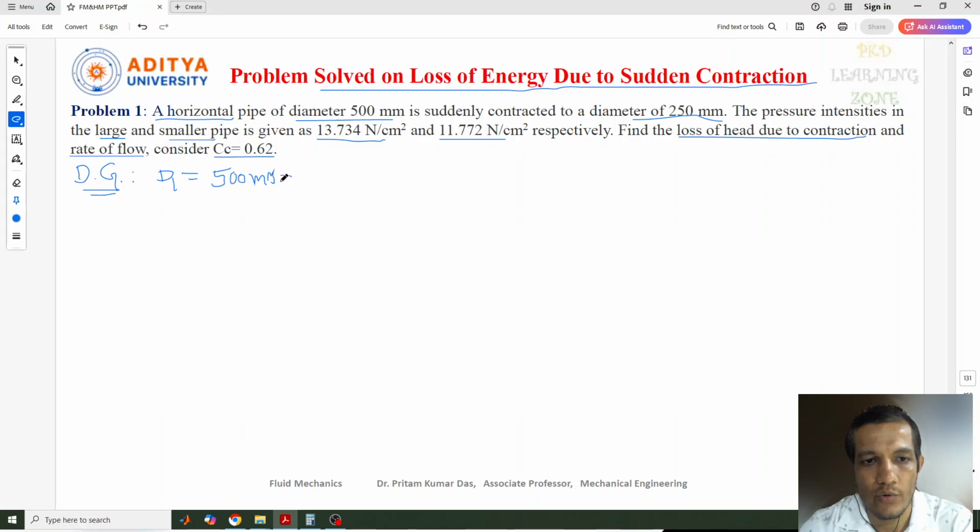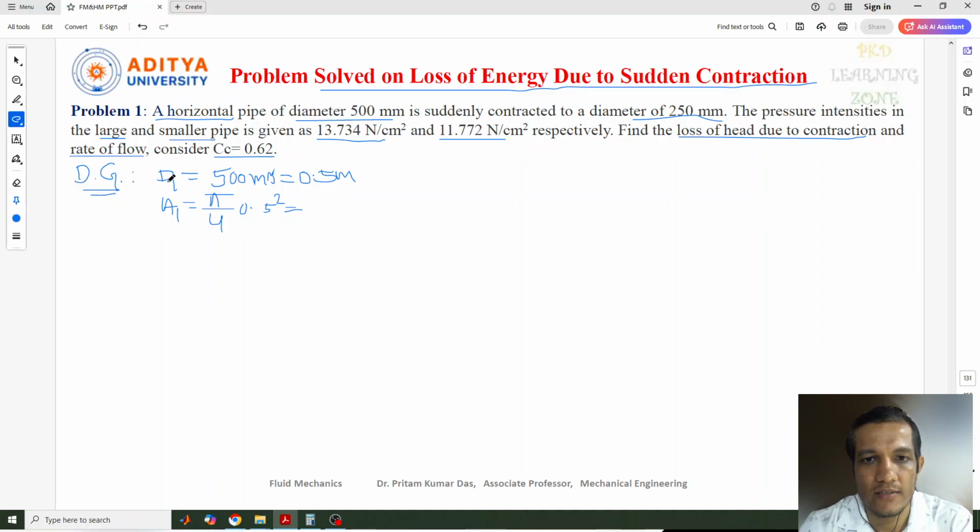We can write this in meters also, so this is 0.5 meter. And we can immediately convert this into area, because area is required everywhere. The area of this pipe is pi by 4 D square, so pi by 4 into 0.5 square, and after solving this we can get the answer.